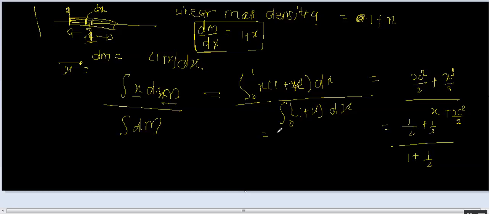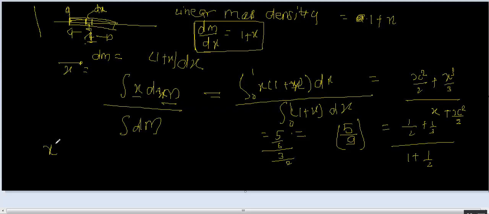So I will get 5 by 6 divided by 3 by 2, and what we get is 5 by 9. This is the x coordinate of center of mass.